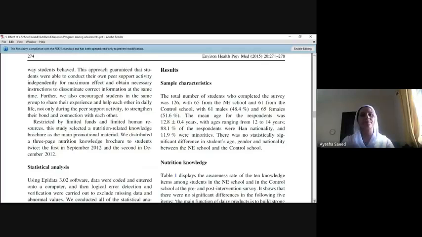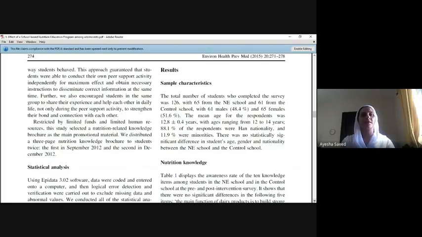This approach guaranteed that students were able to conduct their own peer support activity independently for maximum effect and obtain necessary instructions to disseminate correct information at the same time. So, this is a type of self-learning and expressing. This way, a person can ensure that the intervention was self-learned.